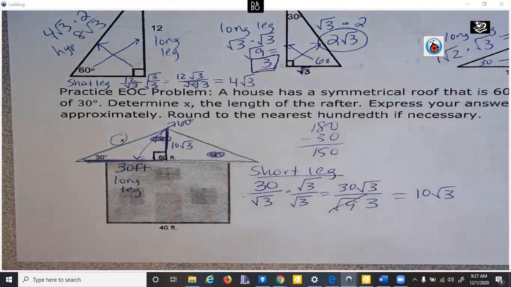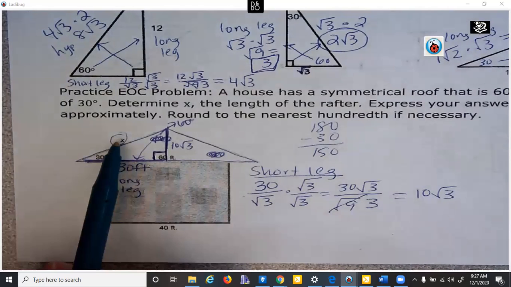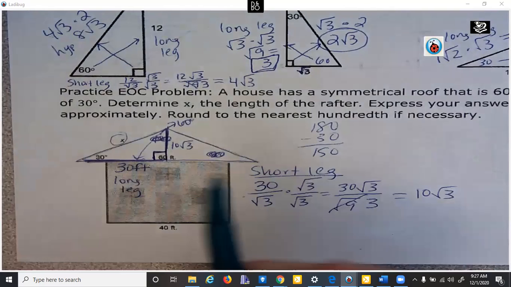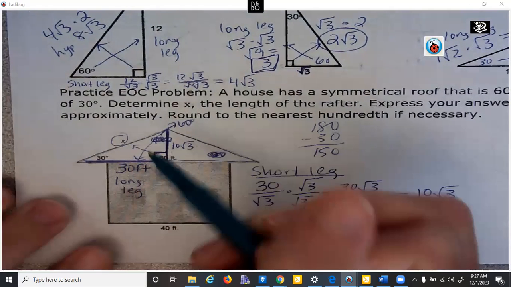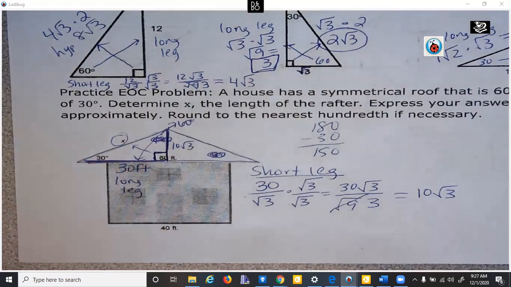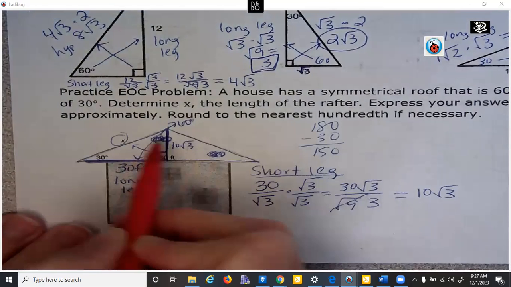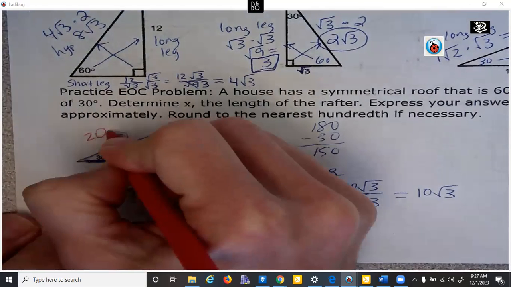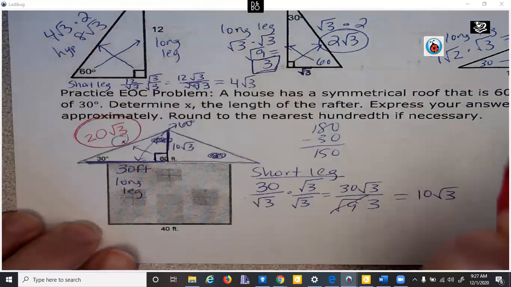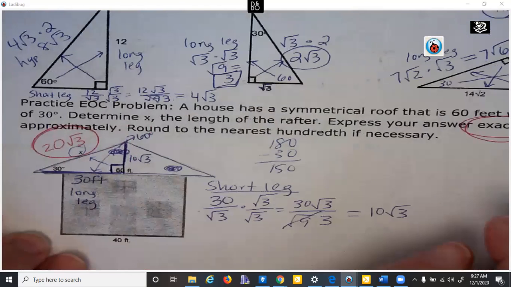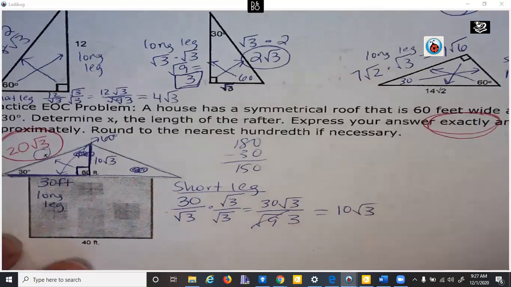And then how do you get to the long, or the hypotenuse? What do you do? 2 times the short leg. You double the short leg. So that gives you 20 root 3. So that is x. When it says express your answer exactly, that's what it means with the square root.